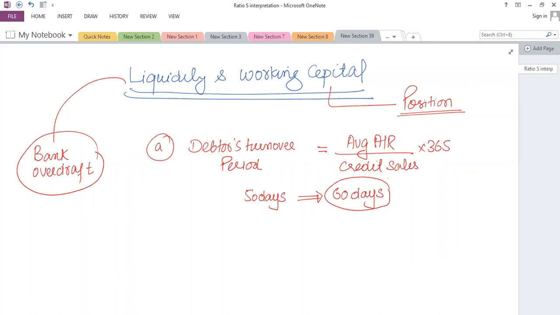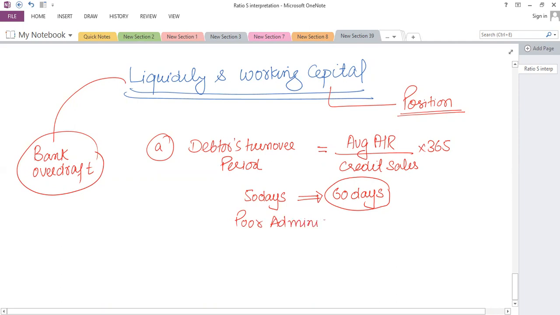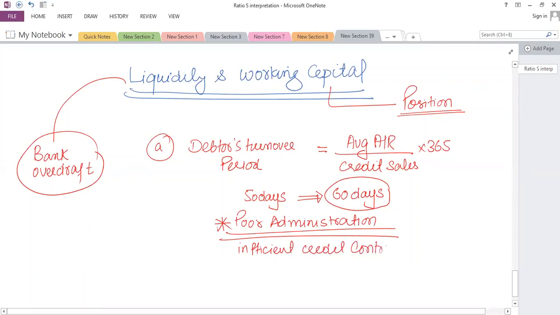And if you have to suggest any policy, then you can suggest what you can do to attract customers to pay you early. And it might be poor administration. What do you think? A poor working capital policy, poor administration, inefficient working capital management, the credit control department might be the reason.